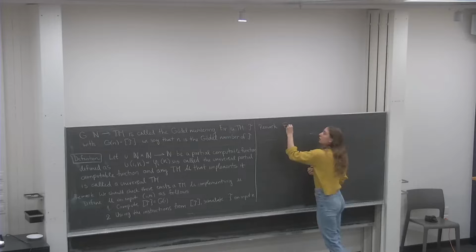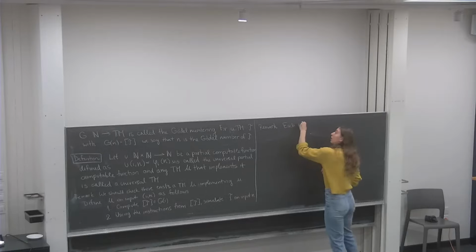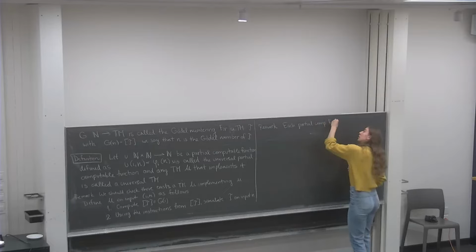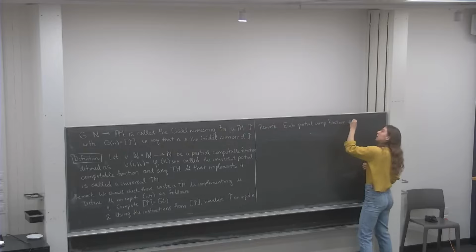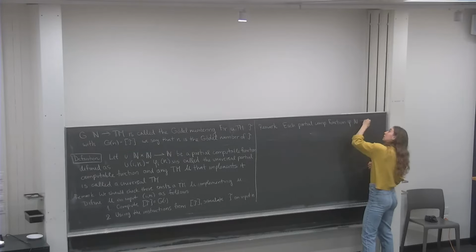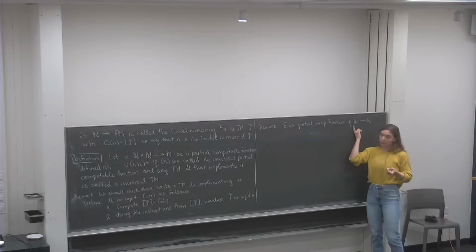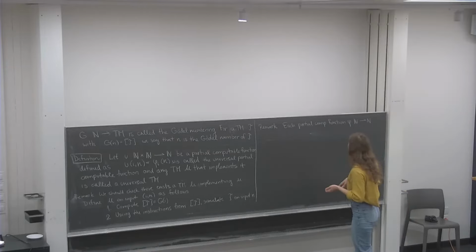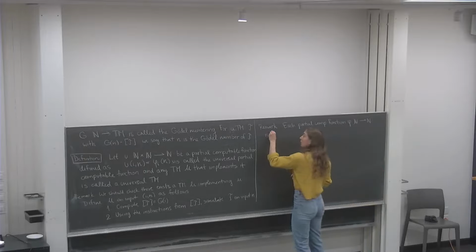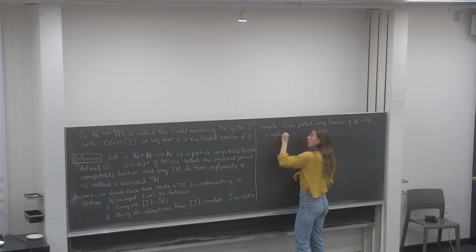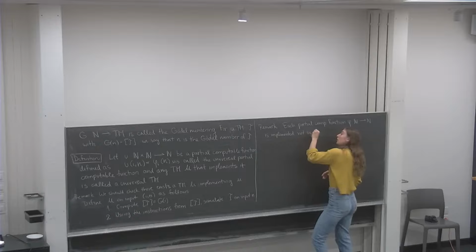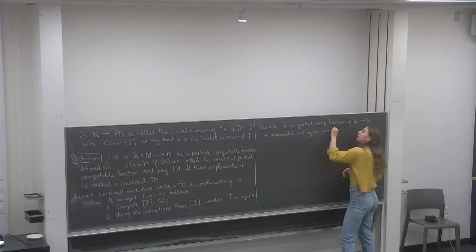Each partial computable function phi: we know that there is a Turing machine that implements it, but there's actually not just one, but infinitely many different Turing machines.